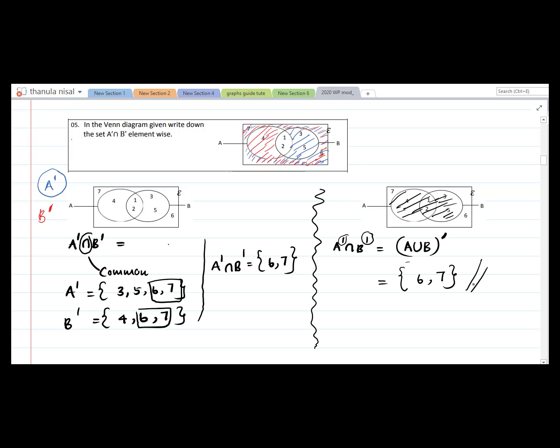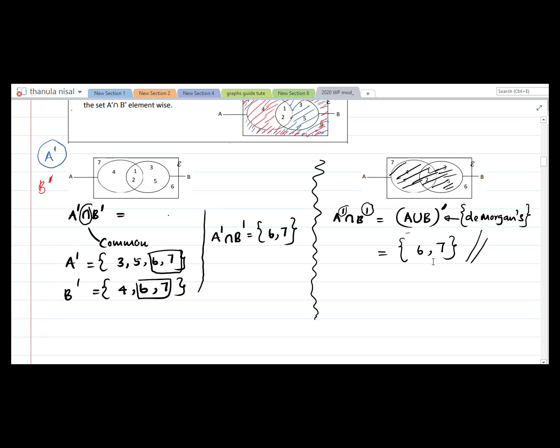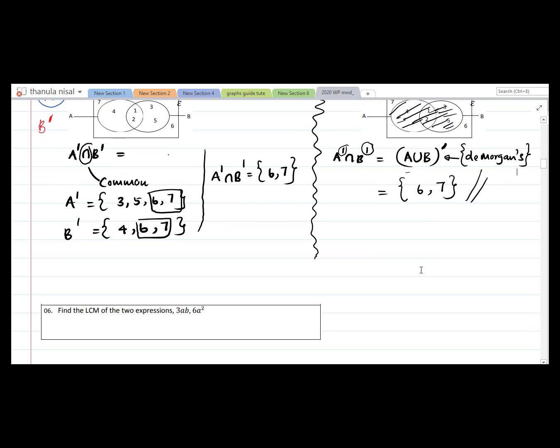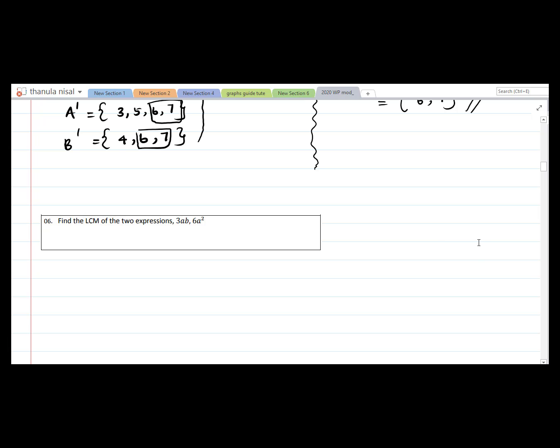Okay. Both methods you can apply. Here I have changed this one using De Morgan's theorem. Okay.